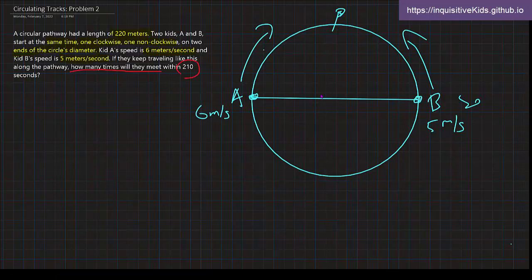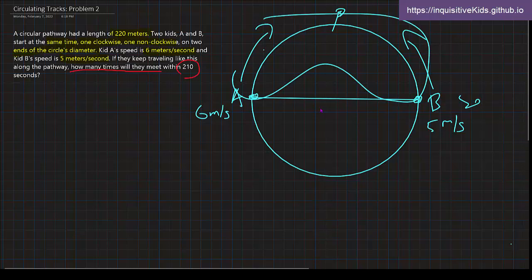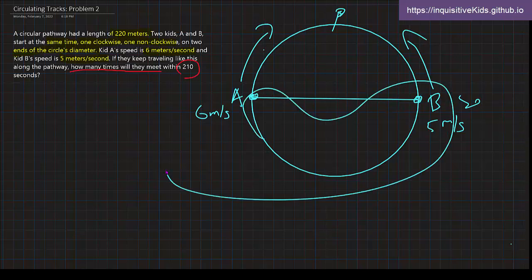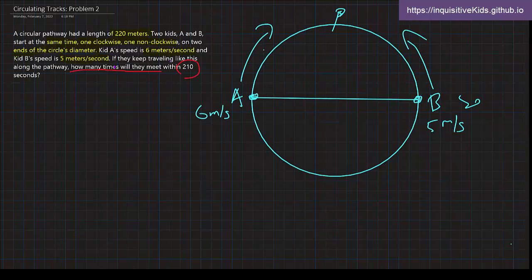Remember that this is the diameter of the circle, which means that this side is the same as this side. So it's really the whole length divided in two. The whole length has a length of 220. If we divide that in half, we get 110, which means that this length right here is 110 meters.